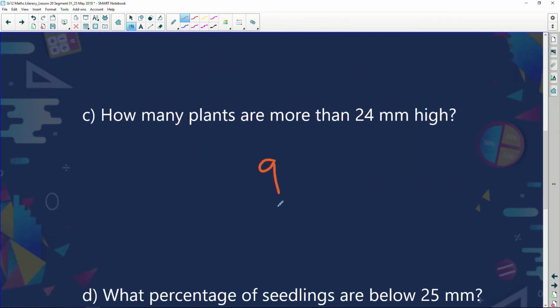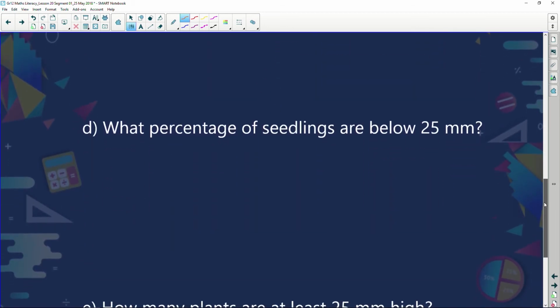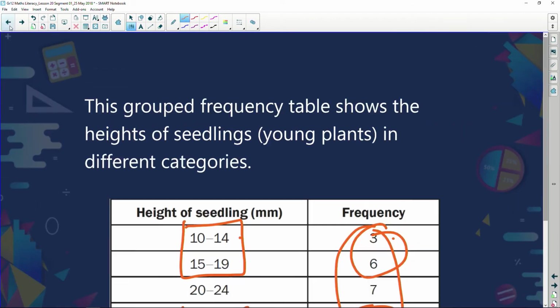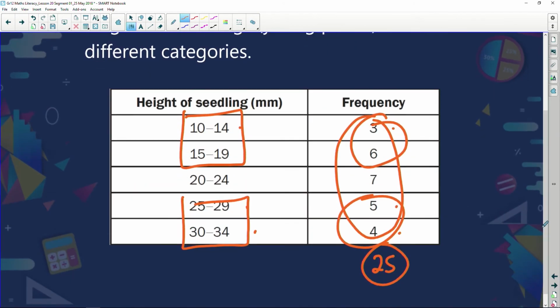This is really level 1 type questions. There's not much thinking going on here. Now, here's a nice one. What percentage of seedlings are below 25 millimeters? Okay, so how many seeds are below 25? Below 25 are all these guys. Let's use a different color so we can see. All these guys are below 25.